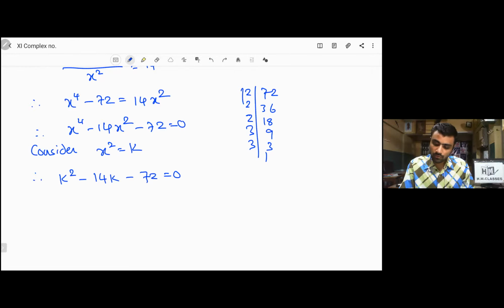Even if we take 2 into 2 into 2 into 3, no. Again, if we take 3 into 2 into 2, which is again still not possible. Okay, any other combination is left?